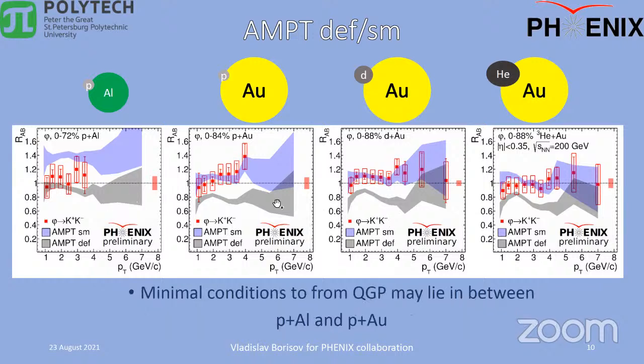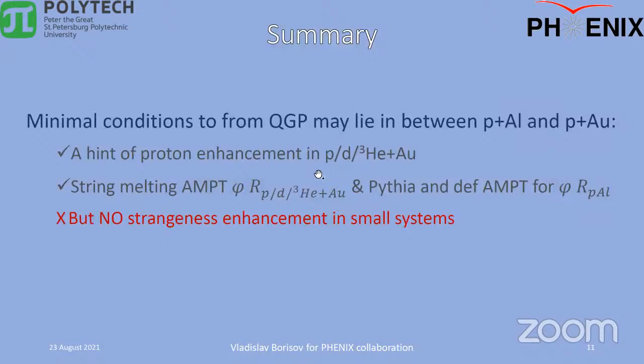This observation suggests that the coalescence mechanism may start to be important for phi production at a system size between proton-aluminum and proton-gold collisions. Therefore, the minimal condition to form a QGP might be in between these systems. Let me summarize.